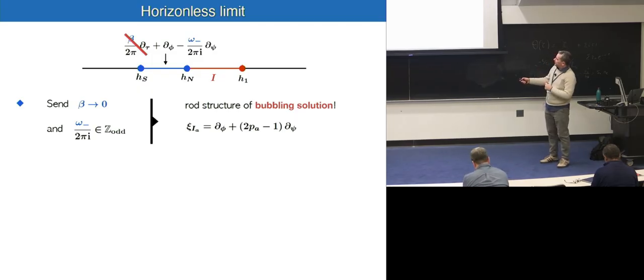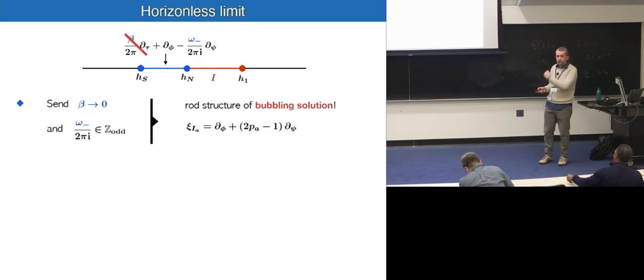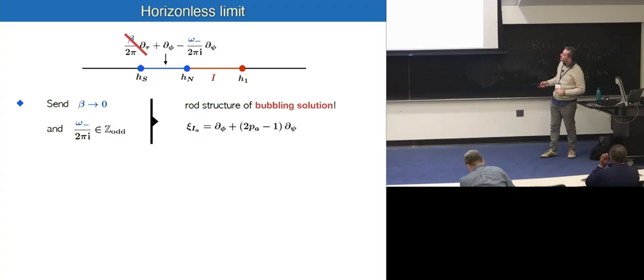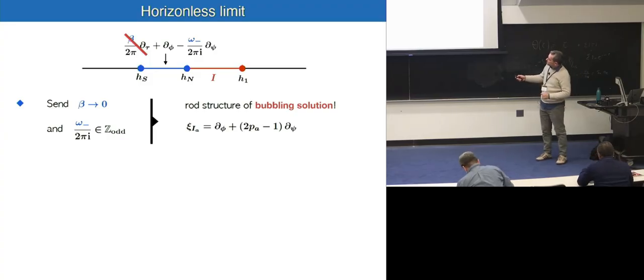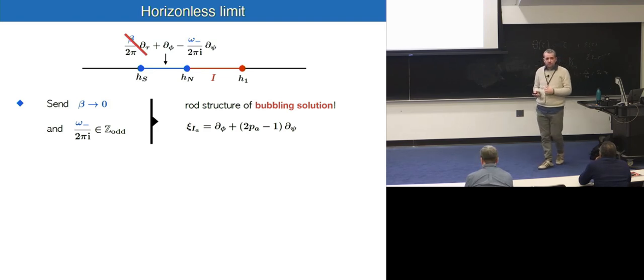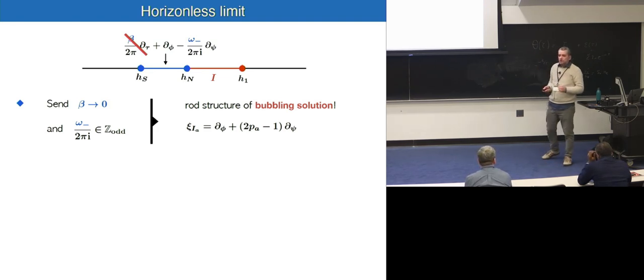So here again, I wanted to emphasize a different limit that can be taken starting from these complexified solutions. One is the extremal limit. The other one is, in a sense, an opposite limit where these solutions are connected to horizonless solutions. And the question is whether in this regime of the chemical potentials, these horizonless solutions, that is, these bubbling solutions, contribute to the index or not. Why is it a question?